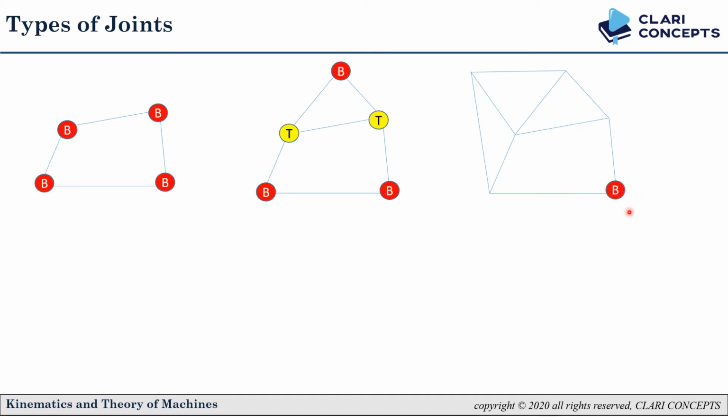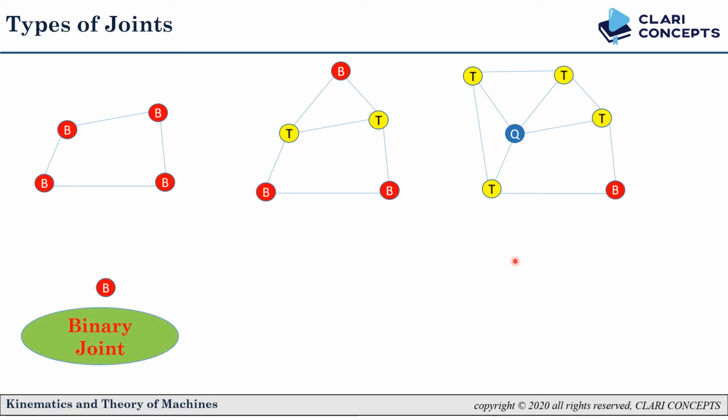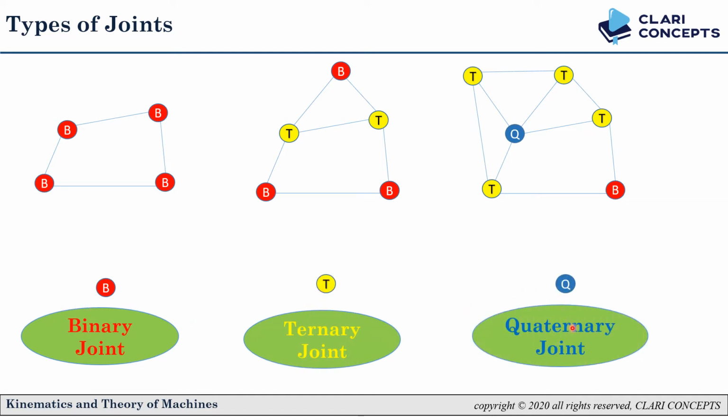Then there are 2 ternary joints in the 2nd chain and 4 ternary joints in the third chain, right? And we have only one quaternary joint altogether in these three examples, right? These are just basic examples to cover all the binary joints, ternary joints and quaternary joints. B indicates binary joint, T indicates ternary joint and Q indicates quaternary joint.